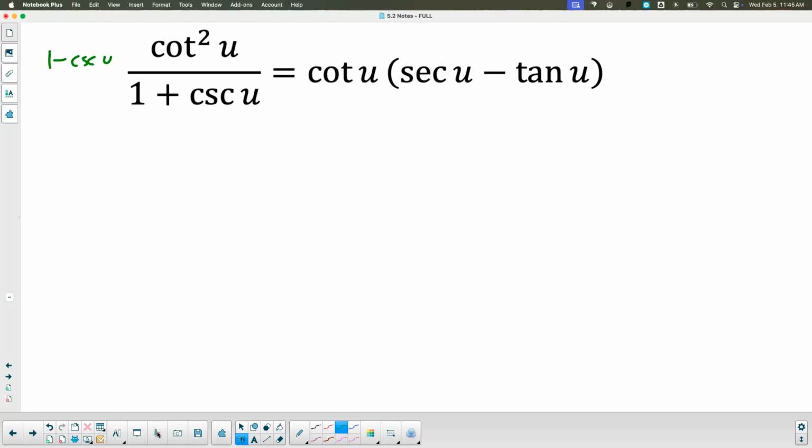Top square, so you can do 1 minus cosine. Oh, never mind. You want to do that, or do you want to do what you said? Probably what you did. Is that what you did? Okay.